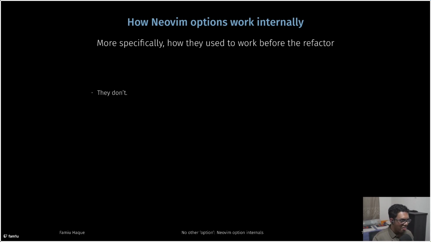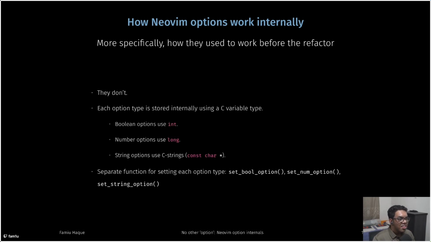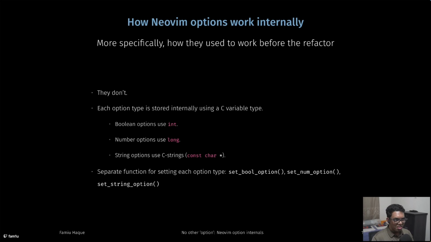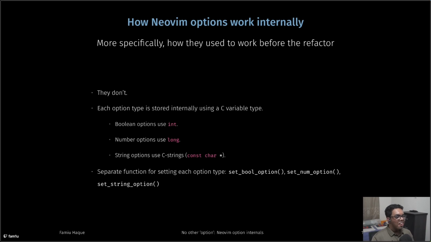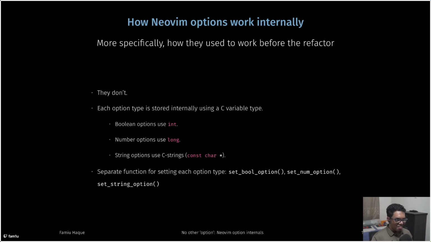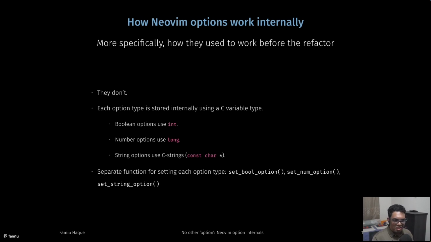But anyway, seriously. Each option type is stored internally using a C variable type. Boolean options use int. Why don't they use bool? I don't know, some legacy C reason, I guess. They use int instead of bool.